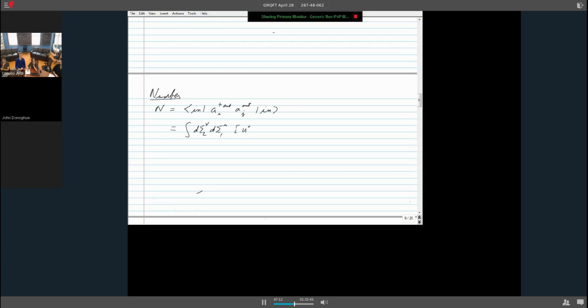Okay, and we'll just take these things to be i and j for the moment, and then we'll take i equals j at the end, because there actually is a little divergence associated with i equals j. We'll just deal with that at the end.